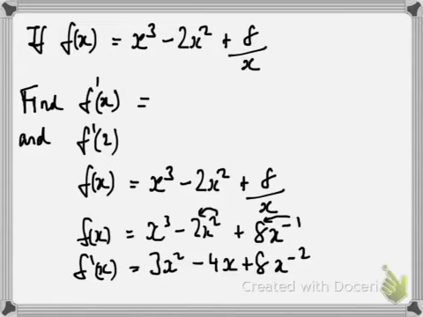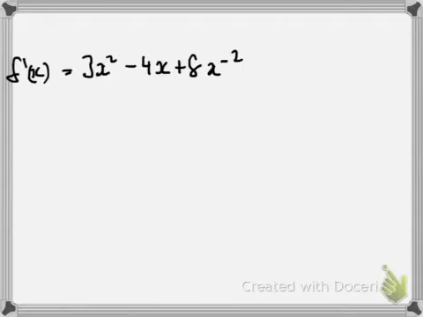Now, that could go one step further if we just cross this over to the next slide. In that we could put equals 3x squared minus 4x plus 8 over x squared.